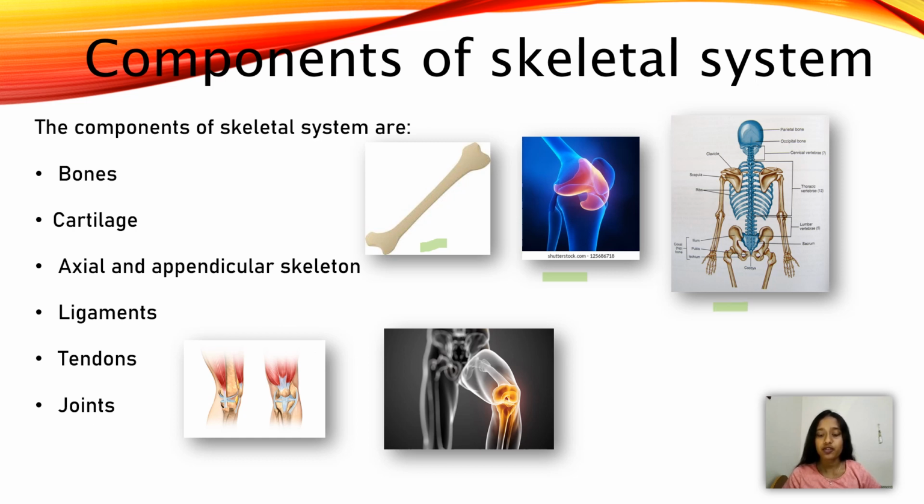This is the picture of axial and appendicular skeleton. The axial skeleton comprises the skull, vertebra, and the rib cage. The appendicular skeleton consists of the limbs and the girdles. This is the picture of tendons and ligaments. Here is the picture of joints.